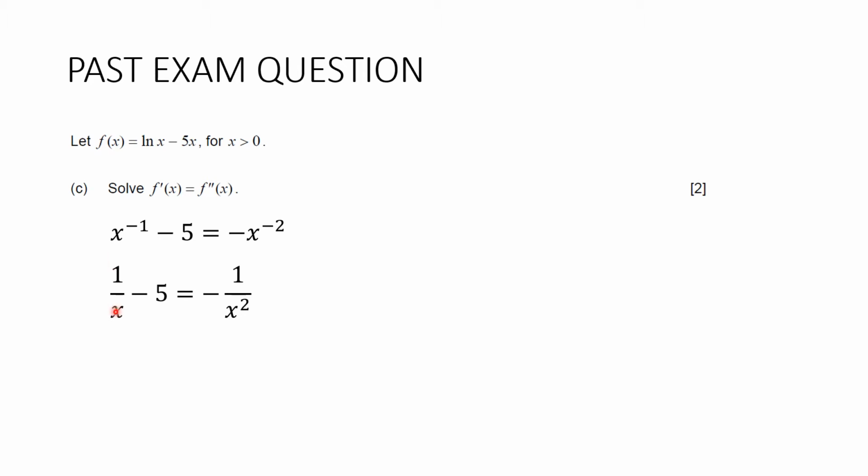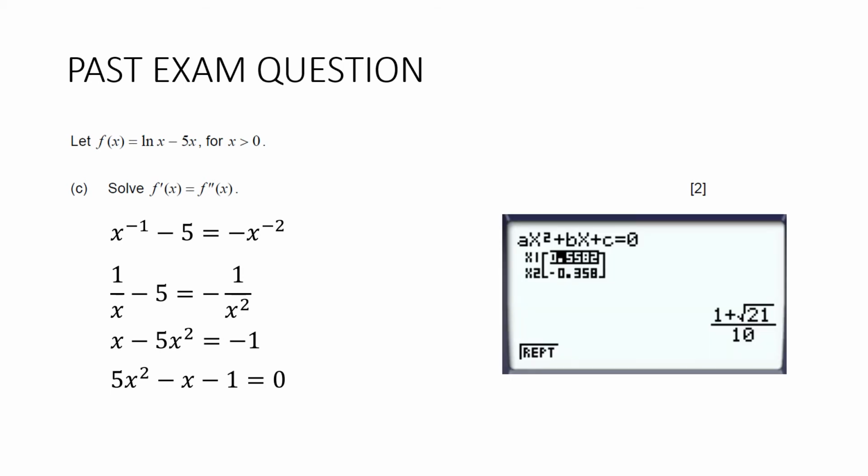So multiplying that by x squared gives me x minus 5x squared equals negative 1. And we have a quadratic. This was in the calculator paper, so there's nothing to stop you putting that in the graphics calculator in the polynomial solver. And we get 2 answers, but x is greater than 0, so there's only one answer, and it is 0.558.